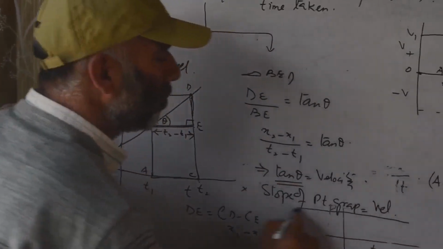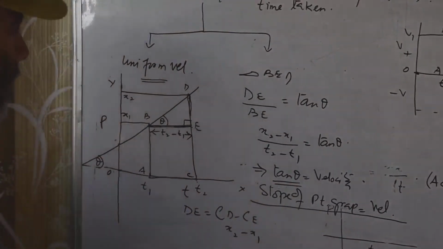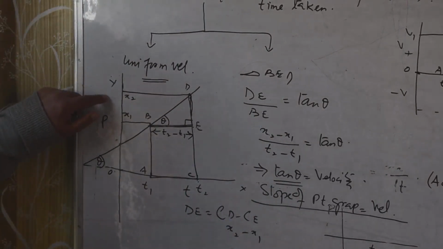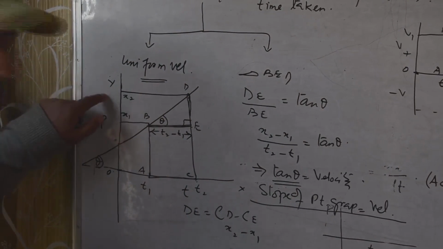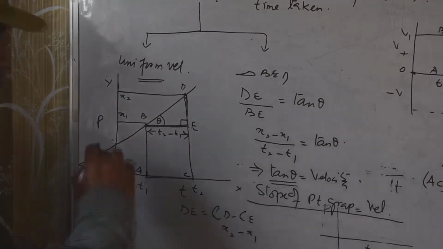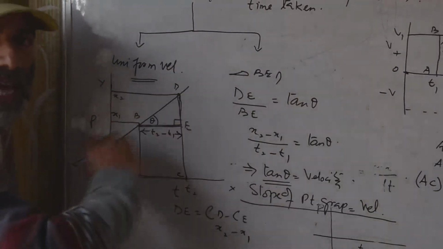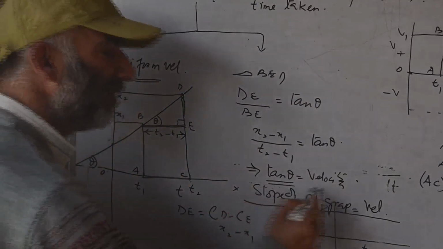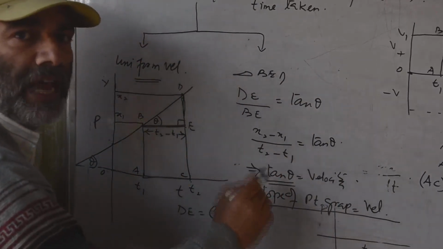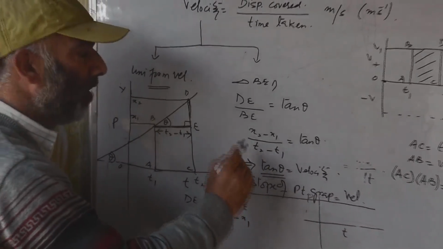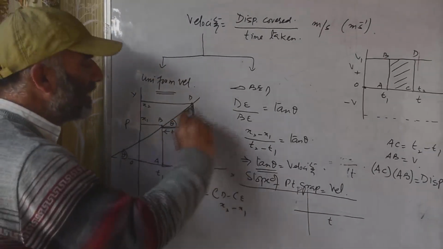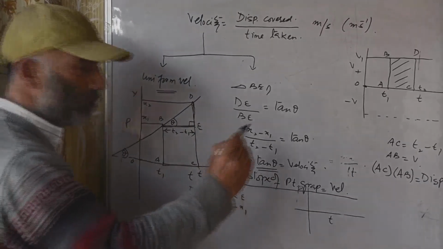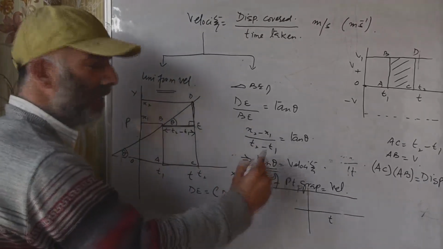So remember, in uniform motion of an object, the position time graph is a straight line sloping in the upward direction, and the slope of the position time graph gives us velocity. Slope of the graph is tan theta, that gives us the velocity.